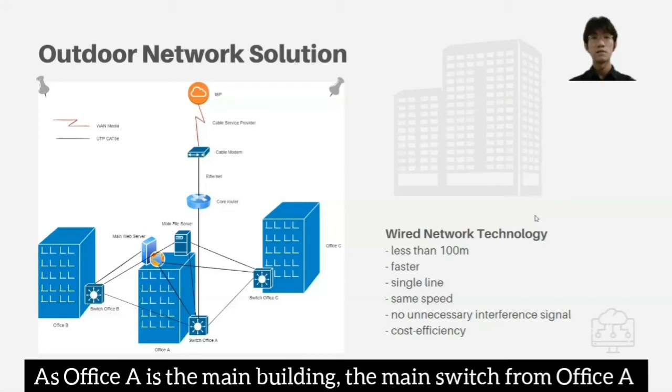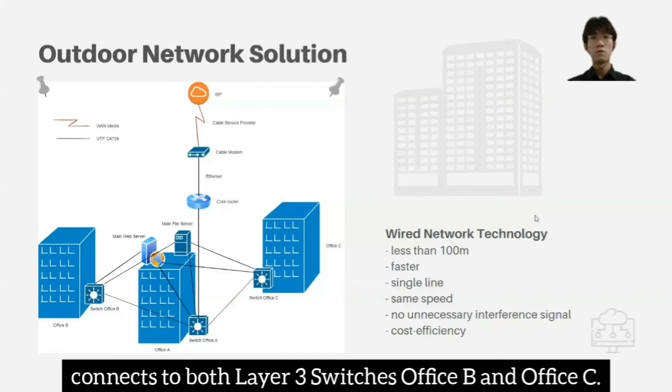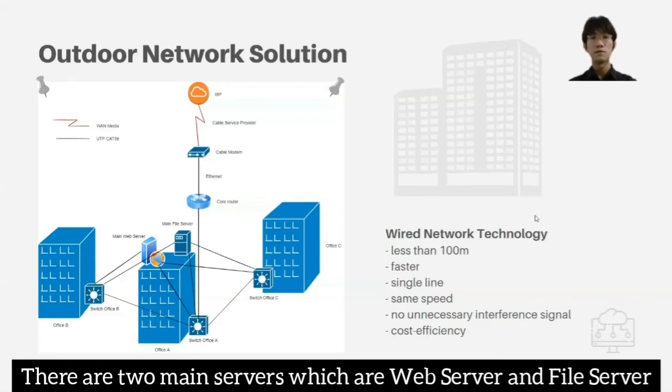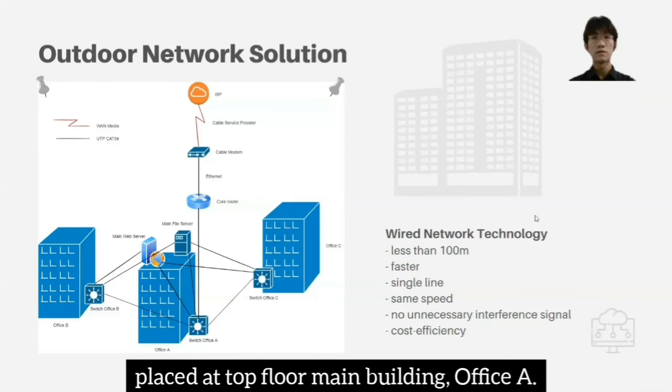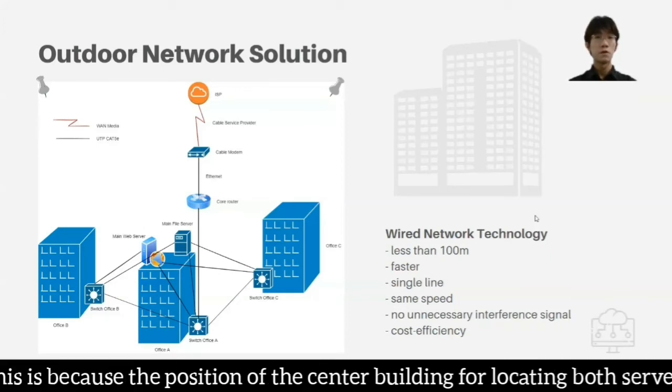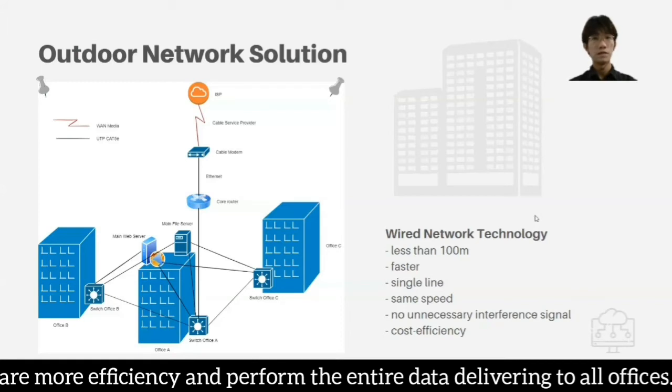As Office A is the main building, the main switch from Office A connects to both layer 3 switches in Office B and Office C. There are two main servers, the web server and file server, placed at the top floor of the main building, Office A. This is because the position at the center building for locating both servers is more efficient for performing the entire data delivery to all offices.